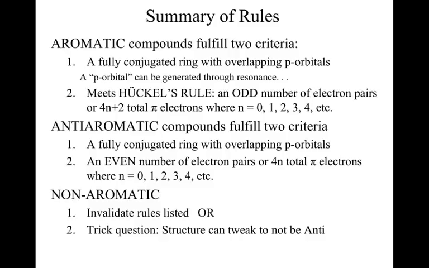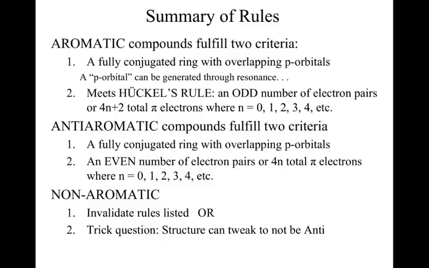However you want to remember that is entirely up to you. We'll discuss in class some other possible memorization techniques. The non-aromatic will invalidate one or all of the rules in our aromatic and anti-aromatic compounds.